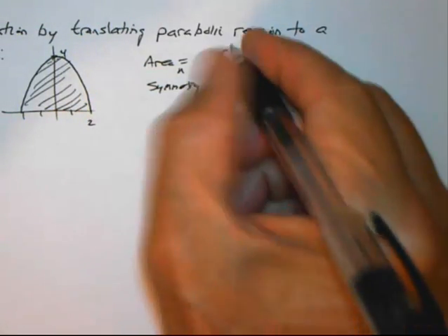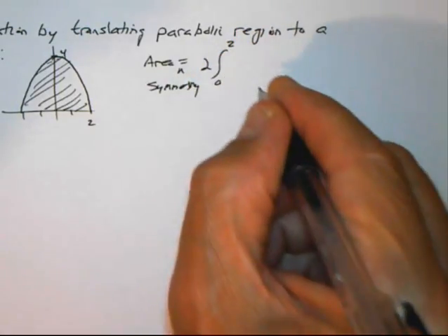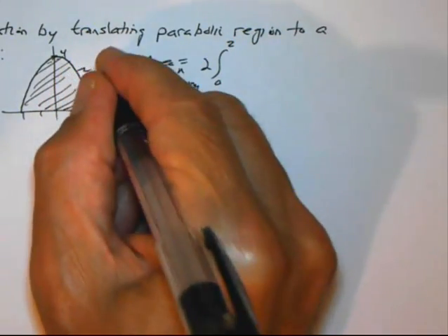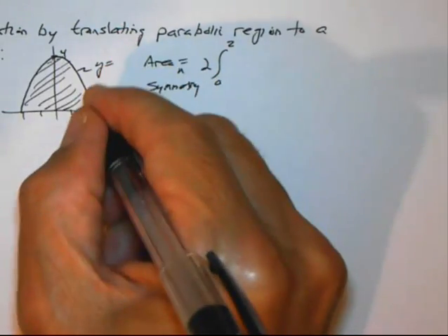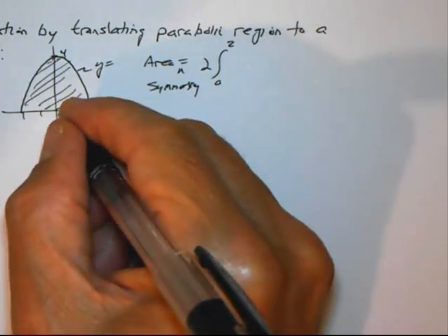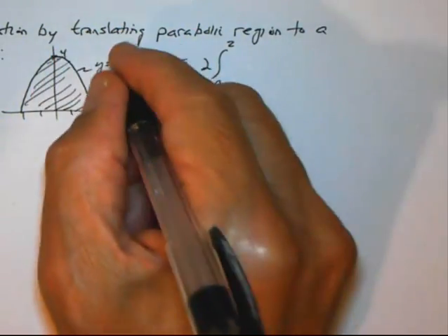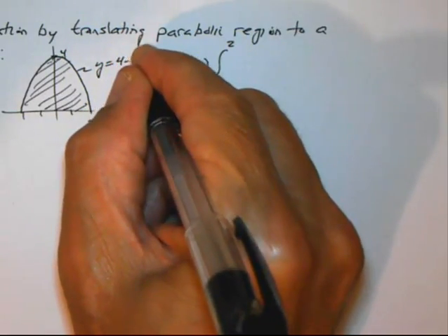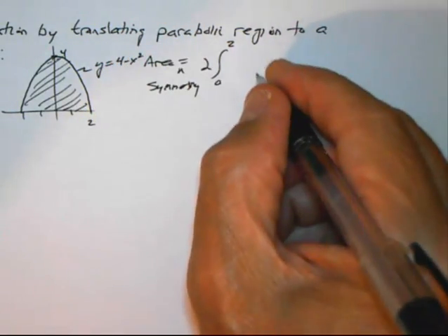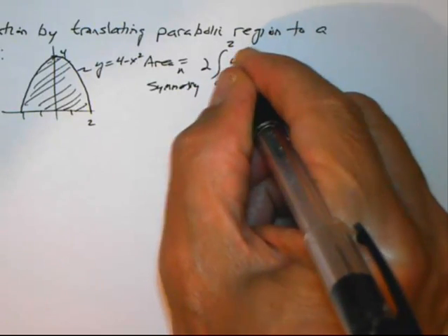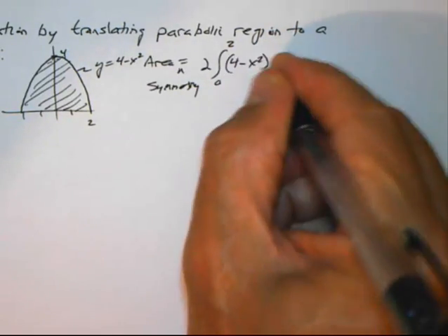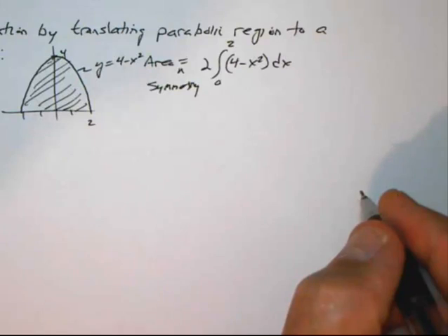So 2 times that result. What would this be? This has to be negative x squared, but it's been translated up 4. So that could be written as 4 minus x squared, and that makes our integrand 4 minus x squared dx.